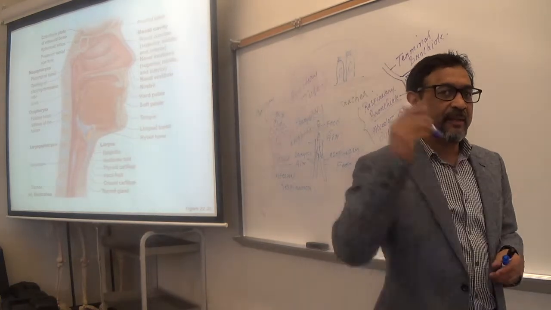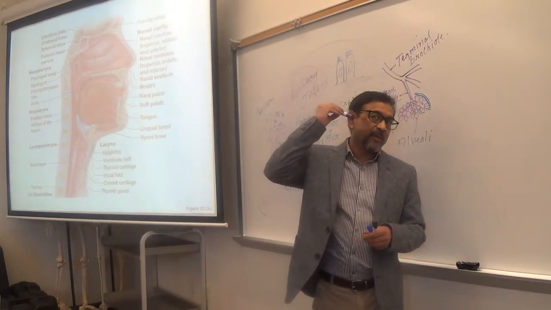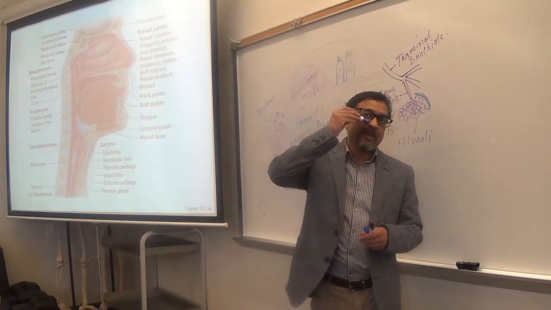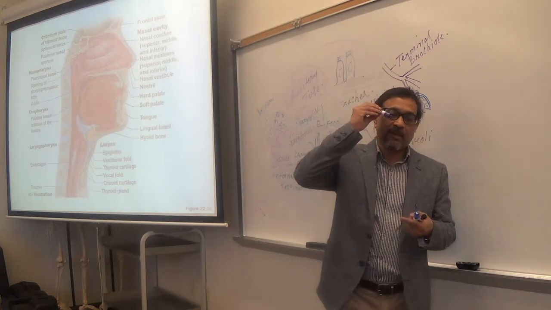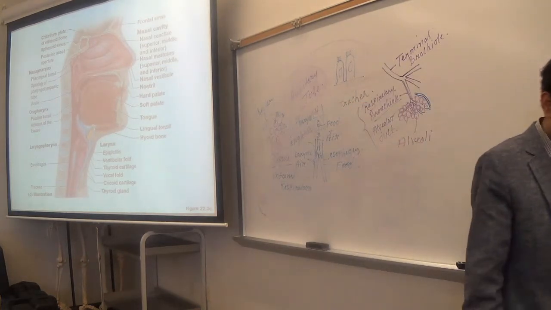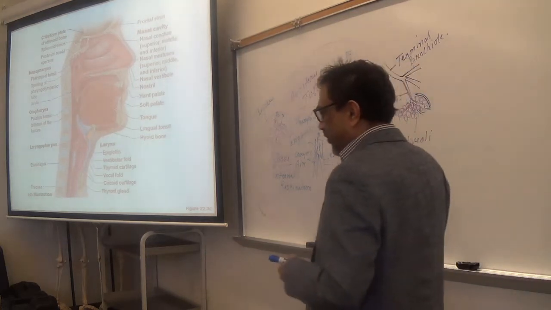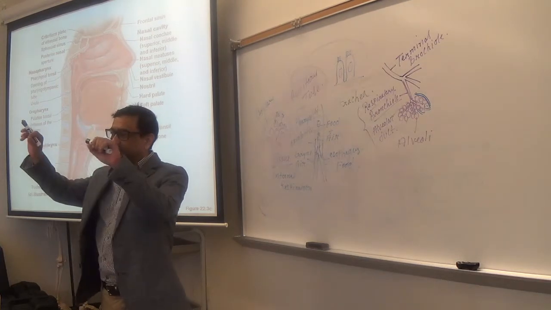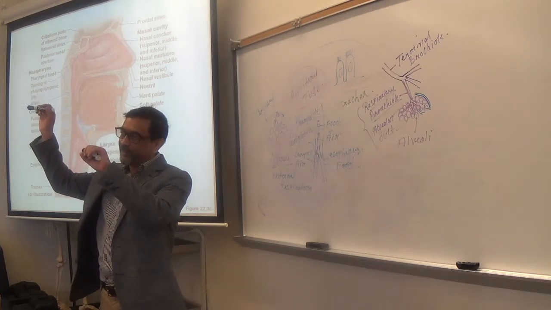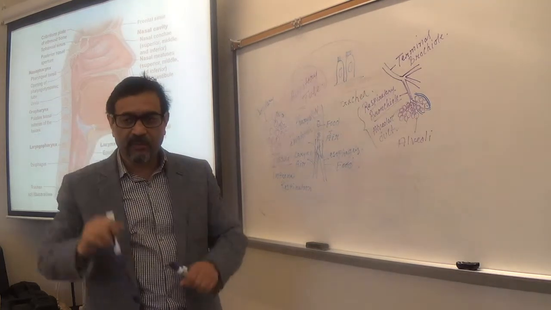The tube is like this, you see, from the middle ear to the nasopharynx. So you see the opening there in the nasopharynx. Your middle ear is connected to the nasopharynx by that tube. One end is in the middle ear, the other end is in the nasopharynx.